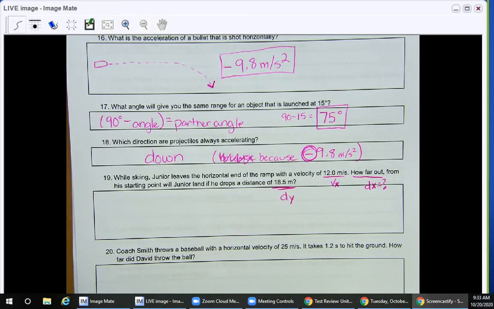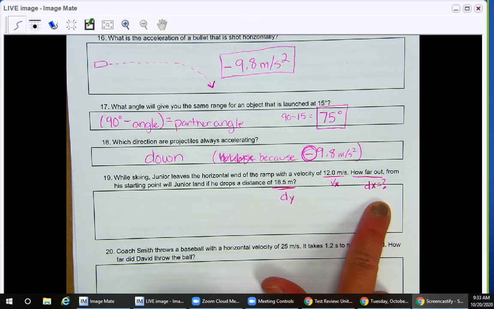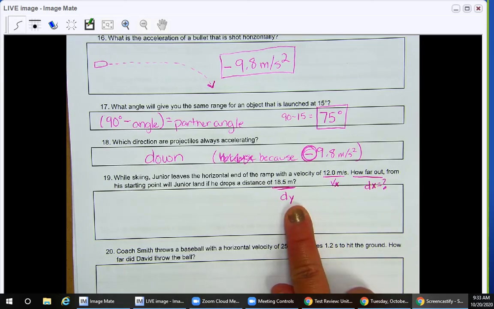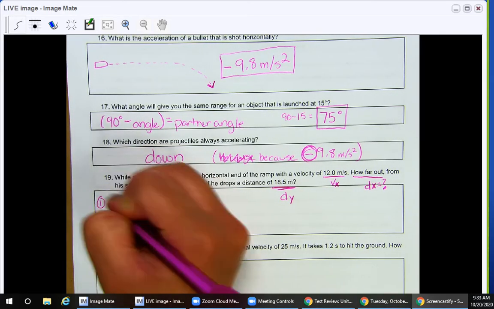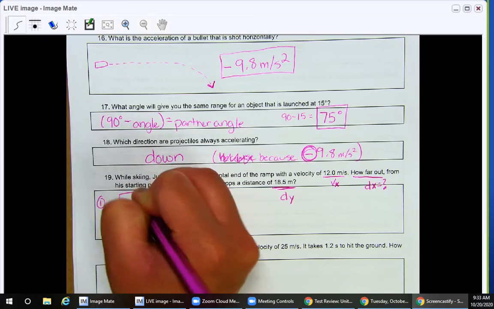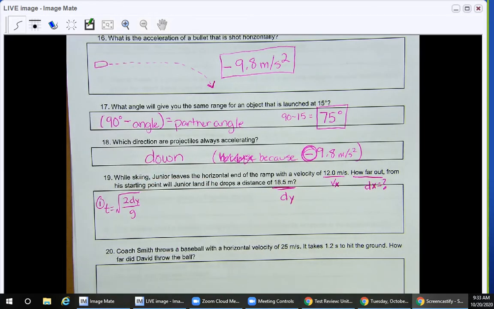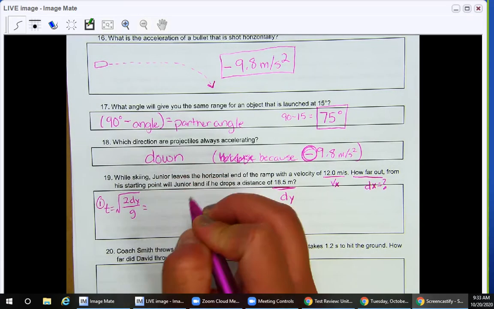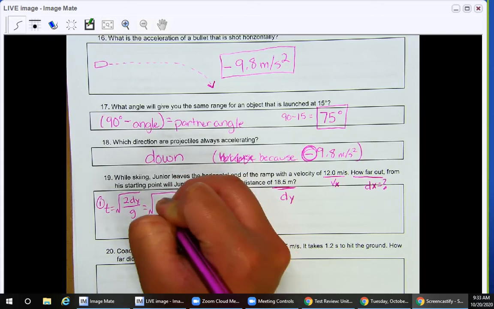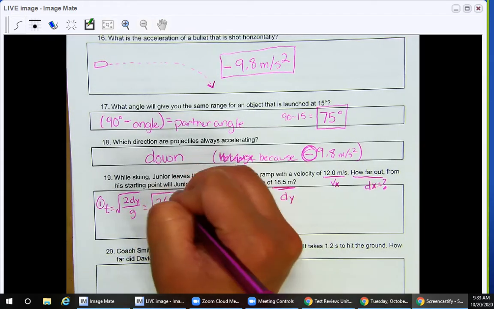Another two-part problem. To solve for dx, you need time. So we're going to use dy first. Time equals the square root of 2 dy over gravity. Square root of 2 times our dy is 18.5.